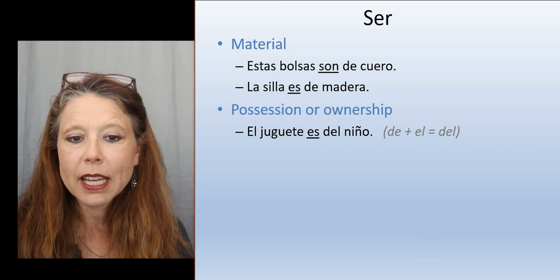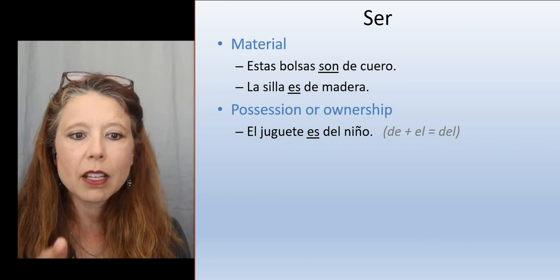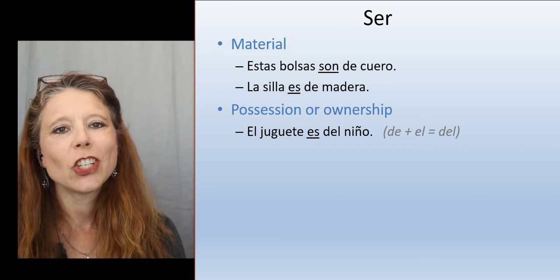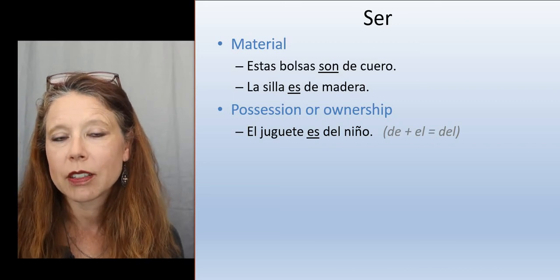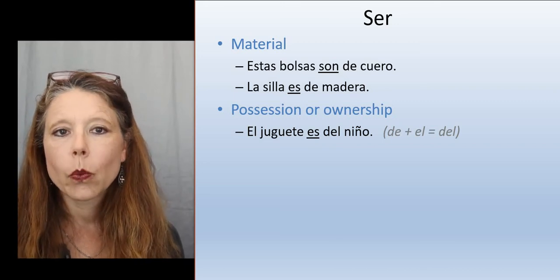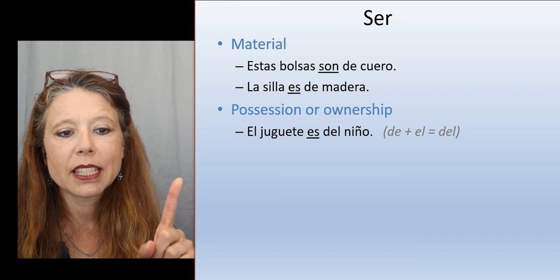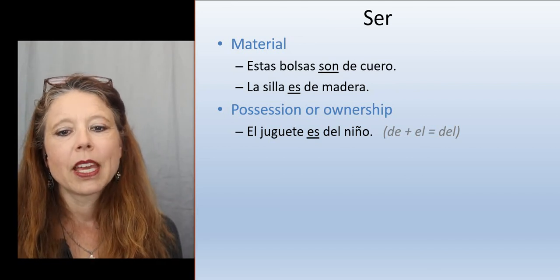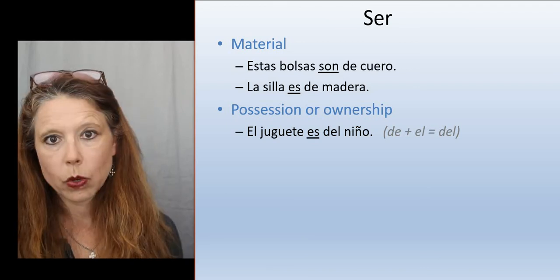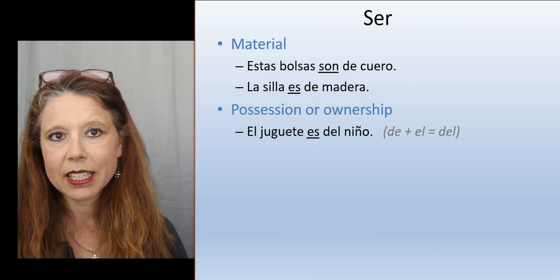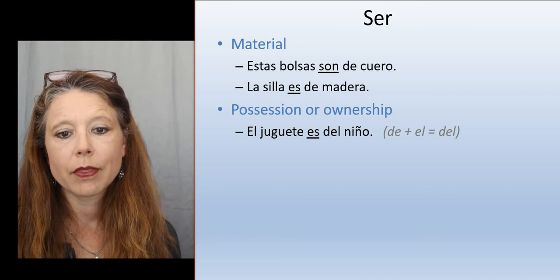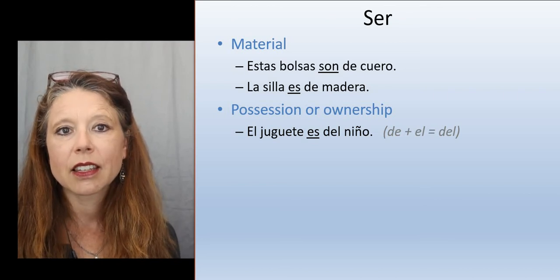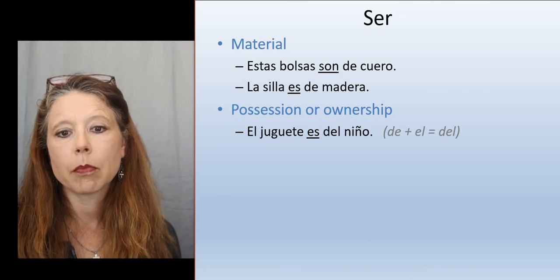This will be another lesson, but we don't have an apostrophe S in Spanish to talk about possession as we do in English. We always say something is of the person. And that construction is whatever it is, el juguete in this case, which is the toy, es de el niño, of the boy.